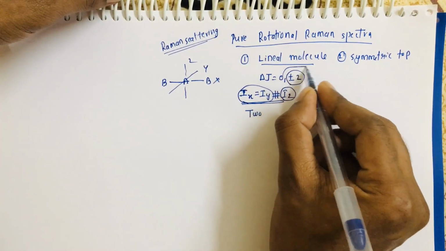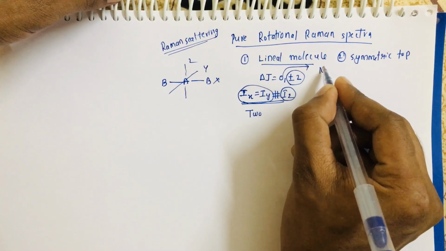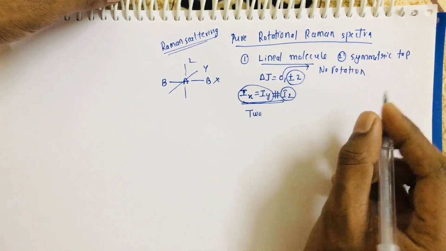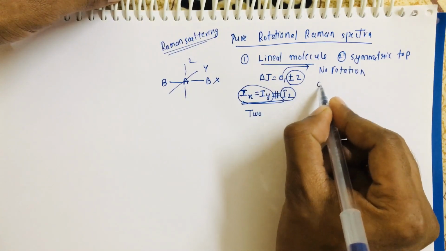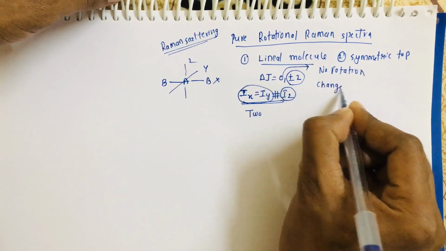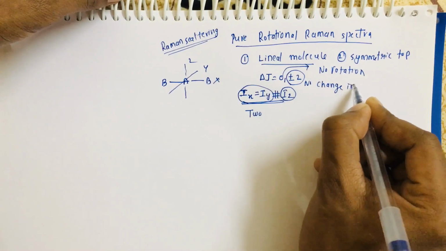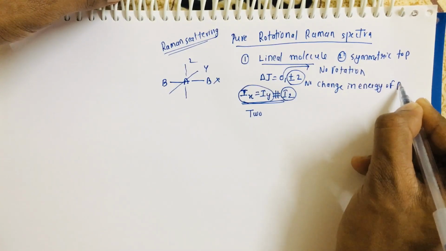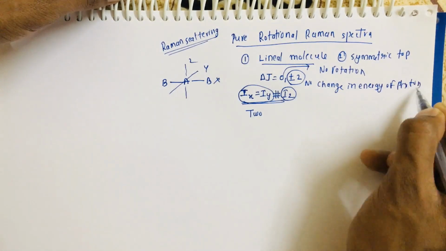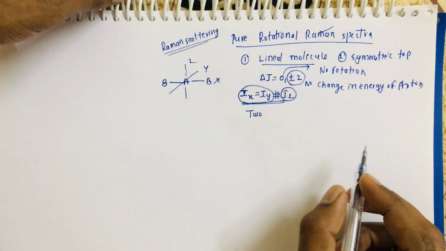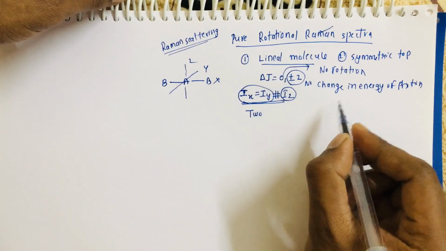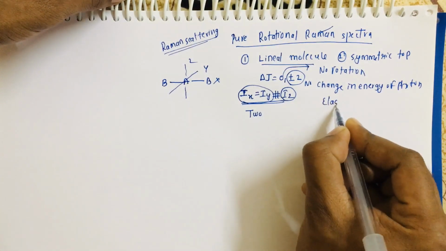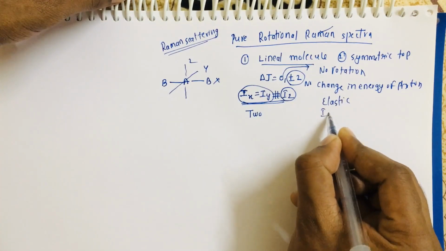When we have a 0, that means there is no rotation, the molecule is constant, and there is no change in the energy of the photon. When we talk about Raman spectroscopy, we have two concepts: elastic collisions and inelastic collisions.